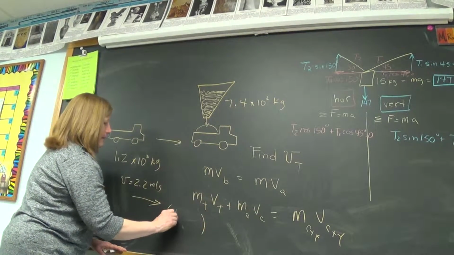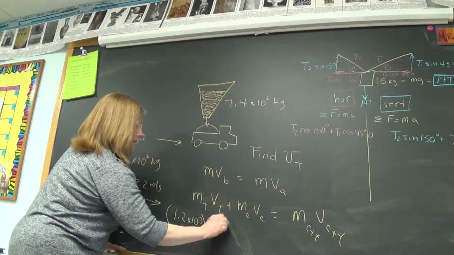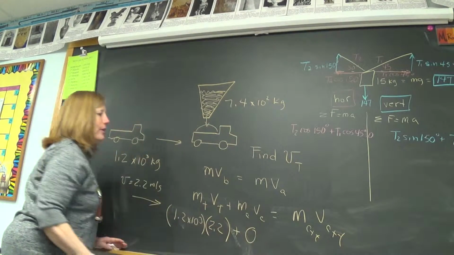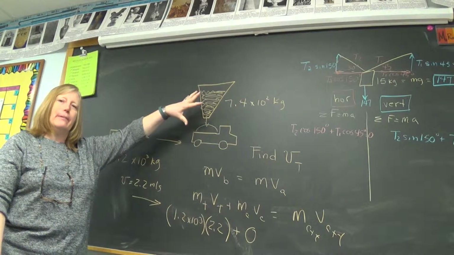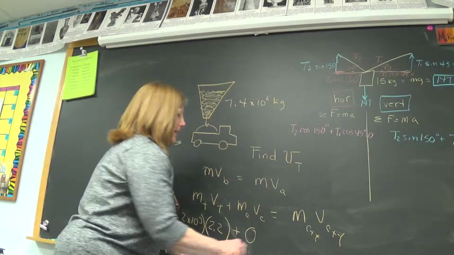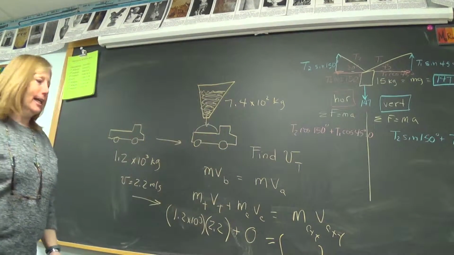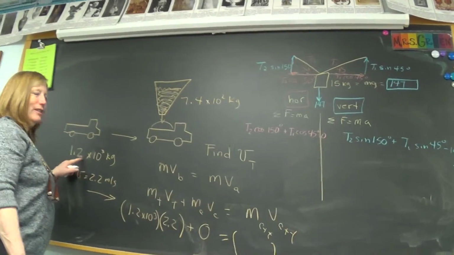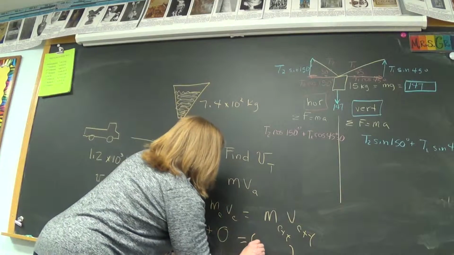1.2 times 10 to the third times 2.2 plus a 0. Do you notice the corn isn't moving in the beginning? It's just nestled in its hopper, not knowing what's going to happen in a second. All right, so what happens then over here? You don't have to add them, just tell me what you're adding. So 1.2 times 10 to the third.